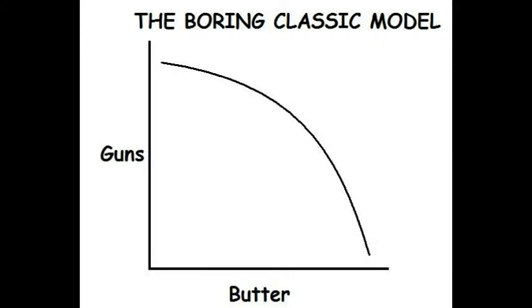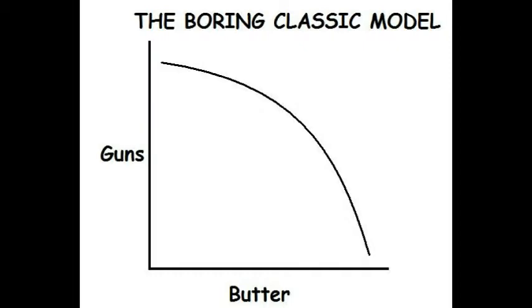A classic example of a PPC chart is guns versus butter. In this model, guns stands for military spending, and butter stands for social welfare. In this example, we're going to be using, like I said earlier, guns and butter. On the y-axis is guns, and on the x-axis is butter.